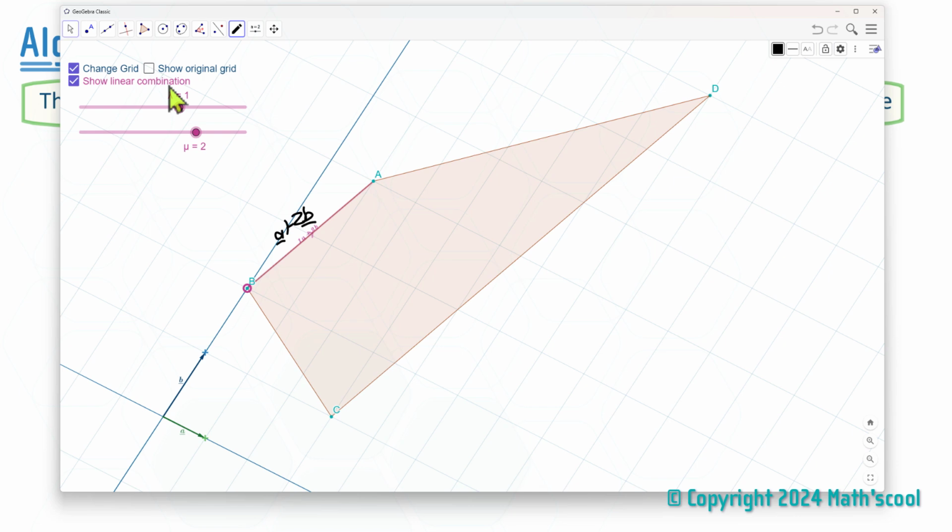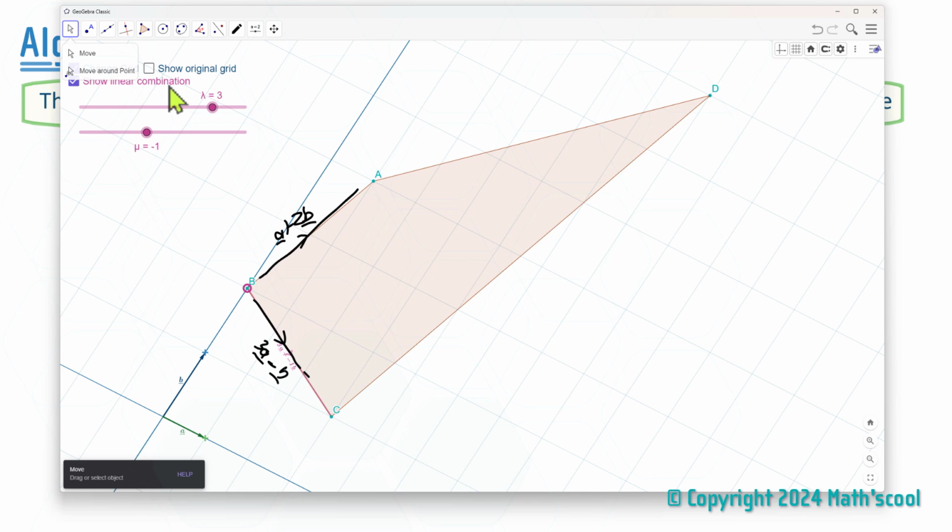And then I can just change it so that that's there. So that's going to be 3A minus B. That's going in that direction there. And this one's going in this direction here. And then I can move my point to, say, here.